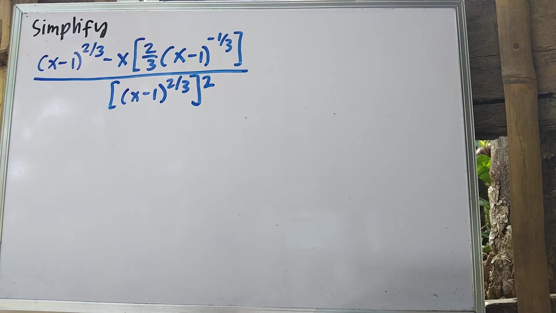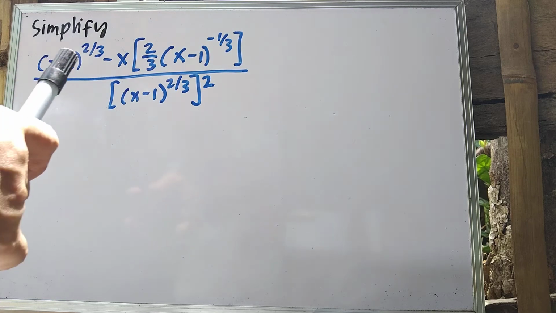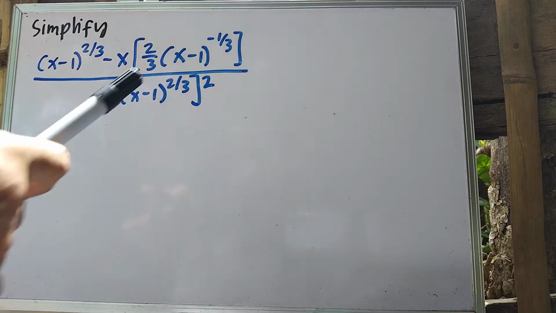Okay. Again, this is very helpful to those who will take calculus, no? So, okay. So, what would be our first step here? The same as what we did in our first example. Okay. Yung sa na to, we just simply distribute x to the 2 third.